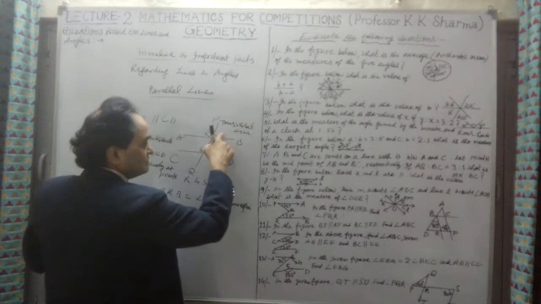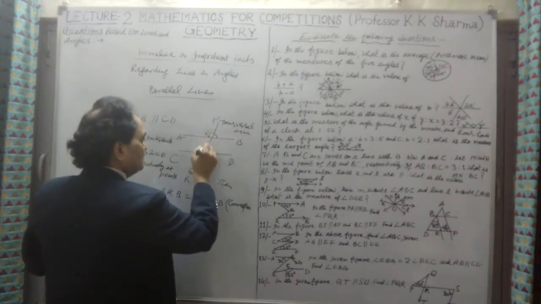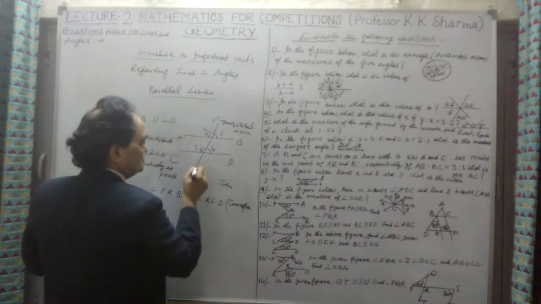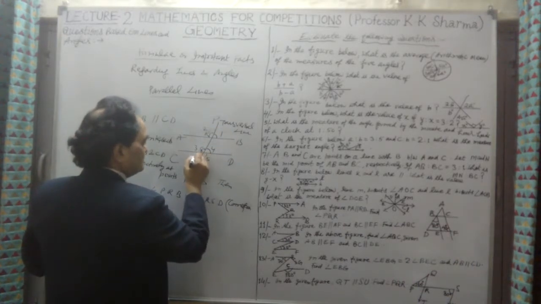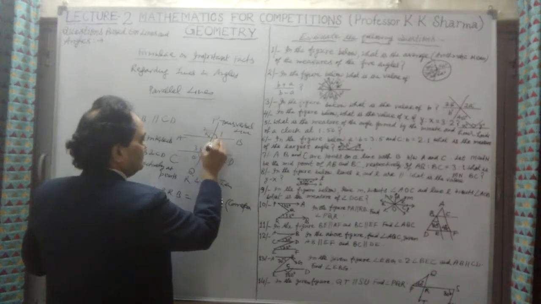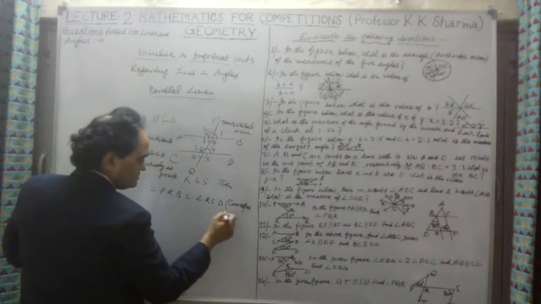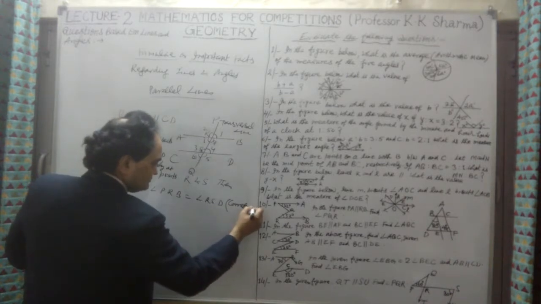This angle is the corresponding angle to this. Let me take angles 1, 2, 3, 4, and this is 5, 6, 7, and 8. So these are the other corresponding angles.